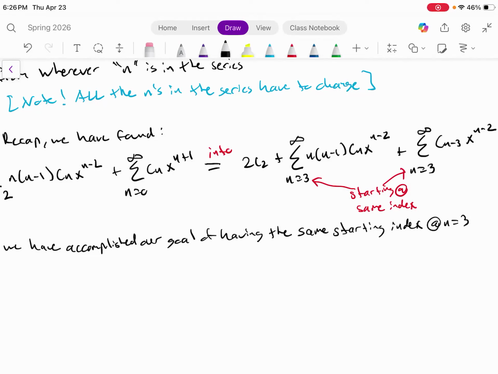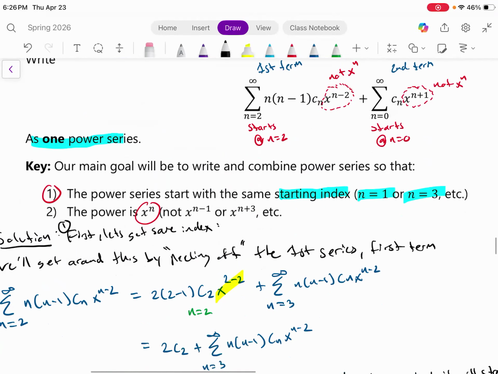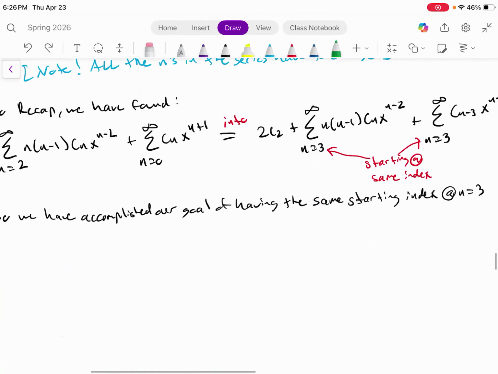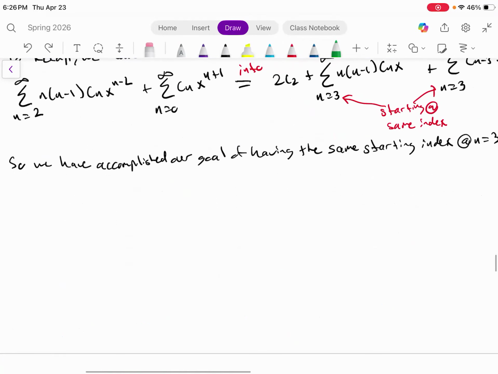Okay, so that's good. But what's the other component that we want to have? We want to have x to the n, not x to the n minus 2 like we have right now. So the next thing we have to do is get x to the n.